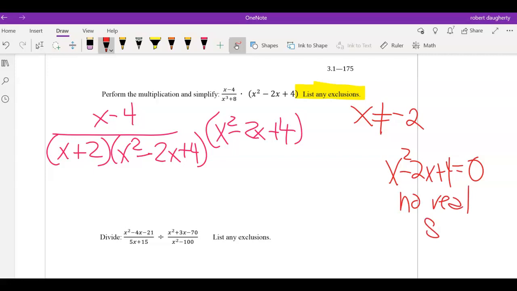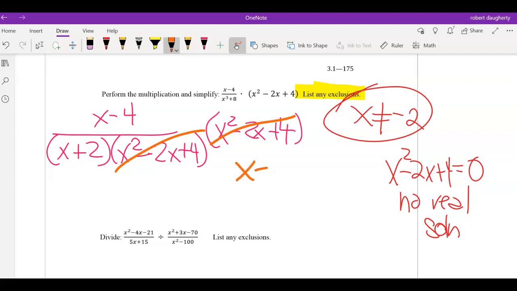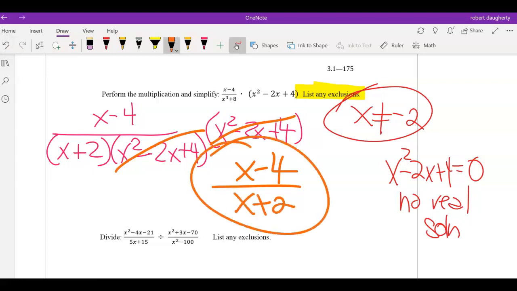And by it having no real solution, that means there are no real numbers that are excluded. So this is my only exclusion. And x squared minus 2x plus 4 divided by x squared minus 2x plus 4, those simply divide out to be 1. So this answer is just x minus 4 over x plus 2. So that's your final answer.